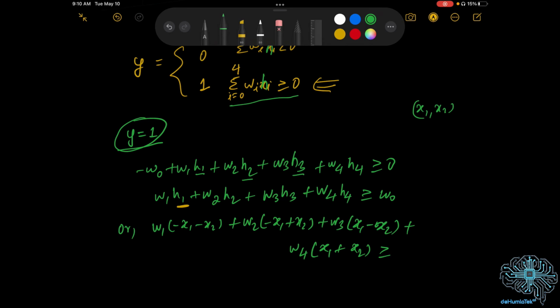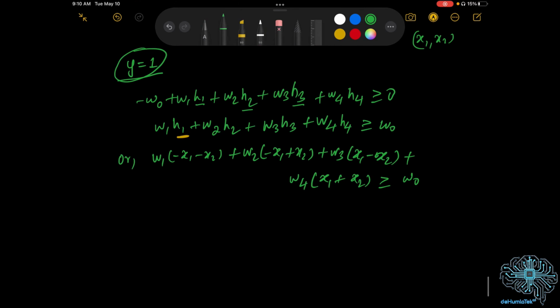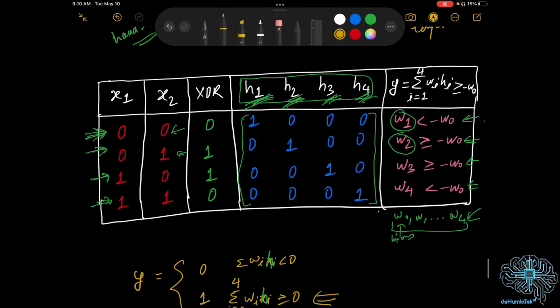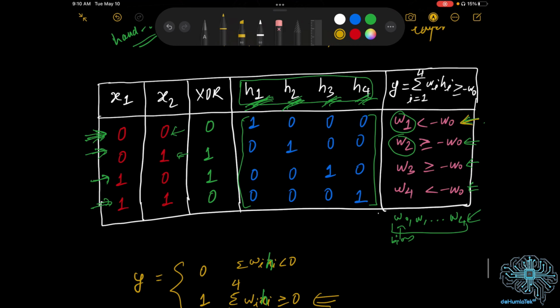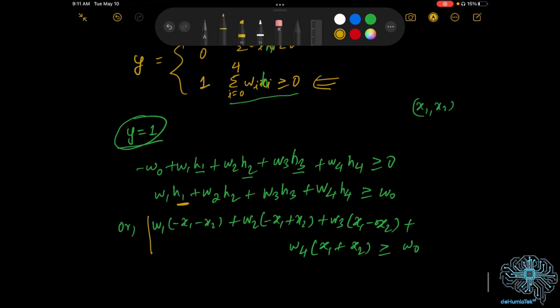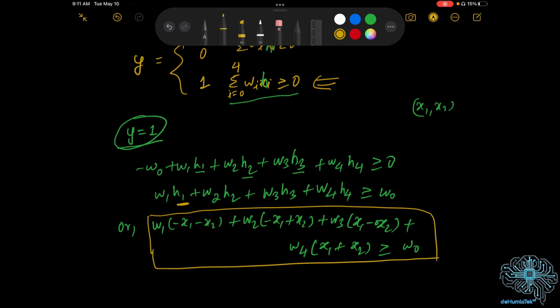This whole inequality should be greater than or equal to W0. Okay, so this is one more equation. So now we have got 5 inequalities, 1, 2, 3, 4, and this one is 5.